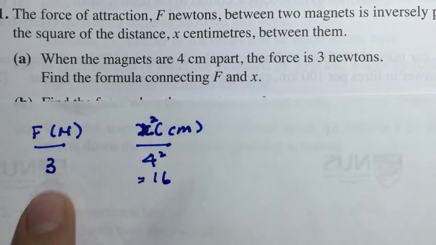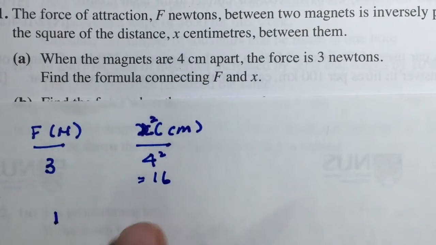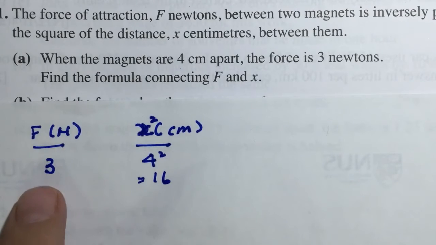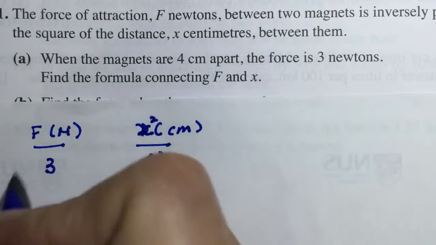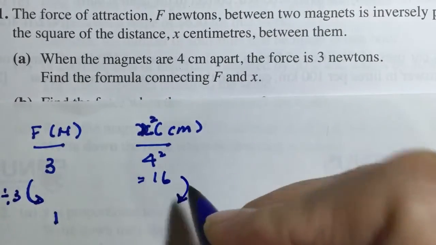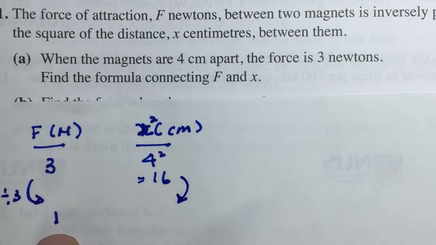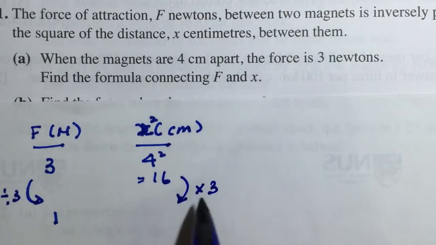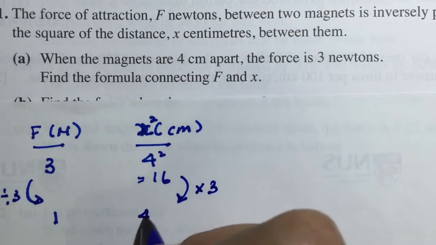So in other words, if I'm talking about 1 here, I can find out what was the original amount that we actually had. So when this decreases, it means that we divide by 3. For inverse proportion, it will be the opposite. So when one decreases, when we divide by 3, the other one will multiply by 3. So 16 times 3 will give us 48.